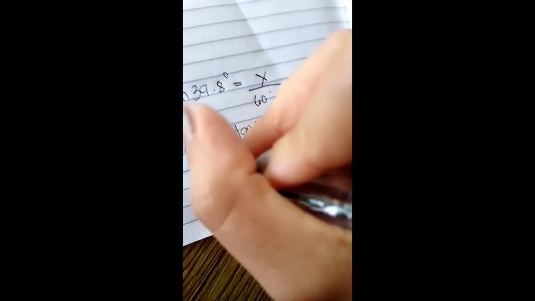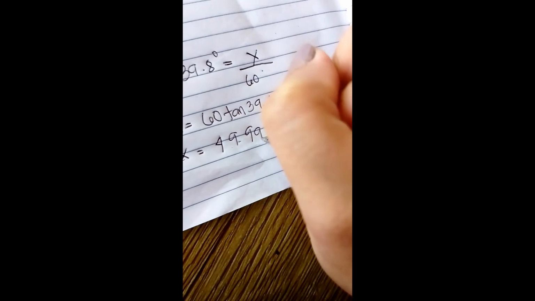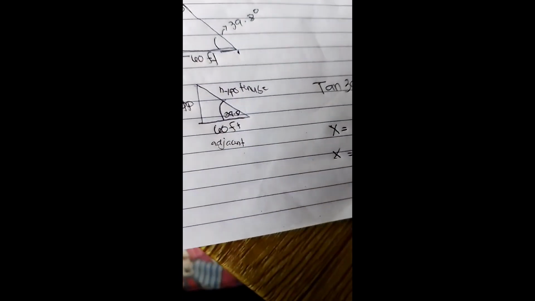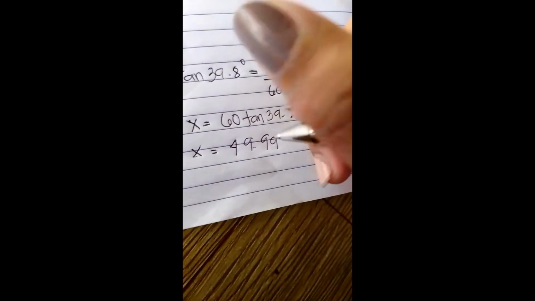So the unknown, or the x, is 49.99. We have the unit, feet.